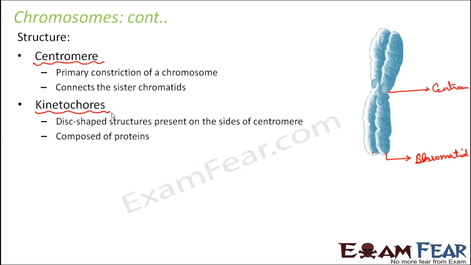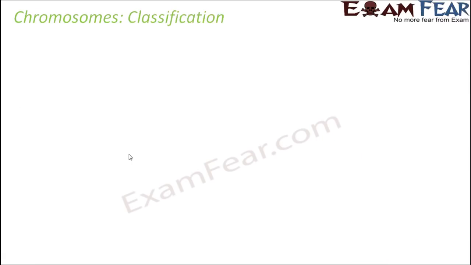There is another structure called kinetochore. What is that? These are disc-shaped structures present on the sides of centromere. In this central region where the two chromatids are connected, you see disc-like structures like how you see here. These disc-like structures are known as kinetochores, and they are composed of proteins. So these are the two important parts of a chromosome.